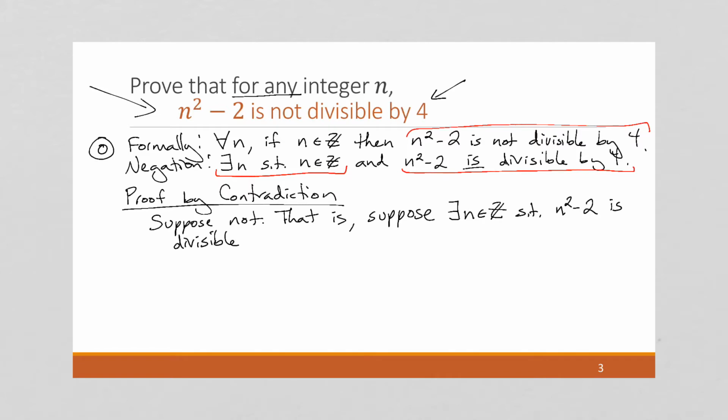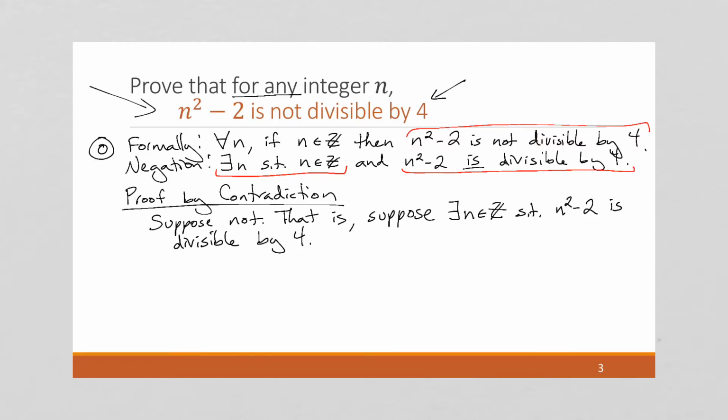divisible by 4. Well, what does that mean? If you recall, divisibility means it's equal to whatever number it's divisible by, in this case 4, times some integer.